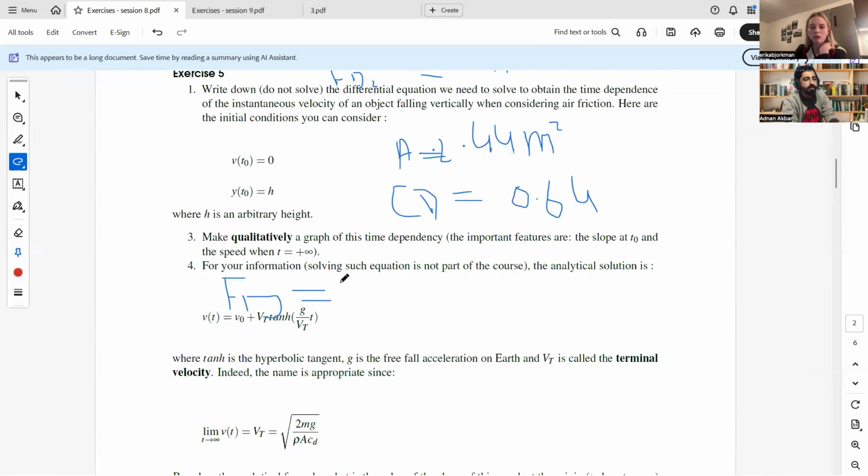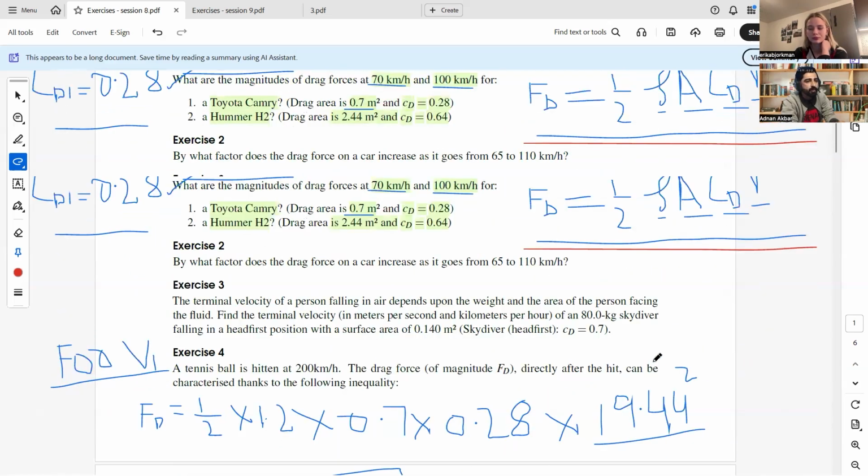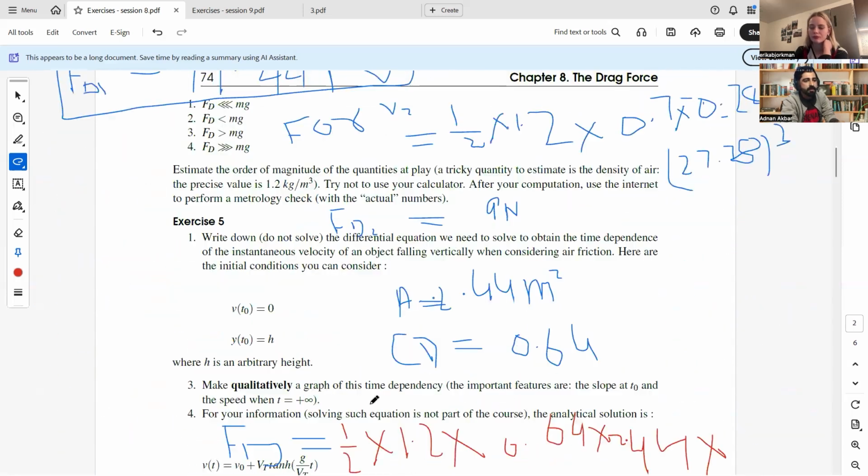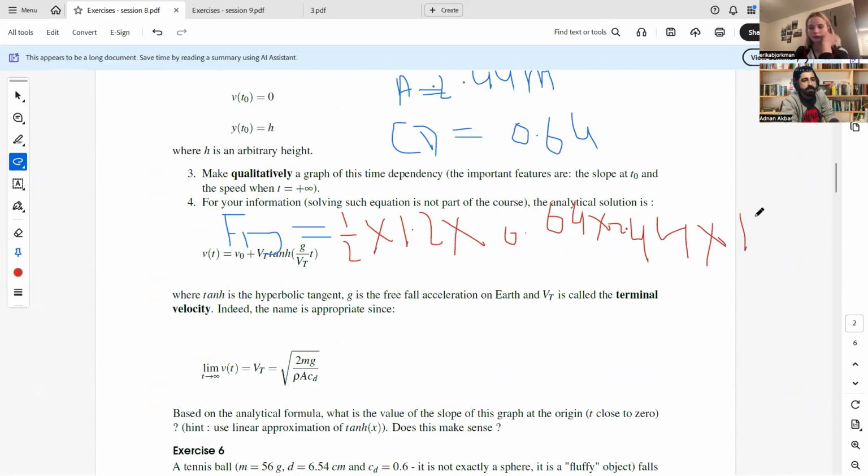So 1 by 2 multiplied by 1.2, which is the density, multiplied by CD, which is 0.64, multiplied by the area, which is 2.44, multiplied by the first velocity V1, that is 19.44 squared.